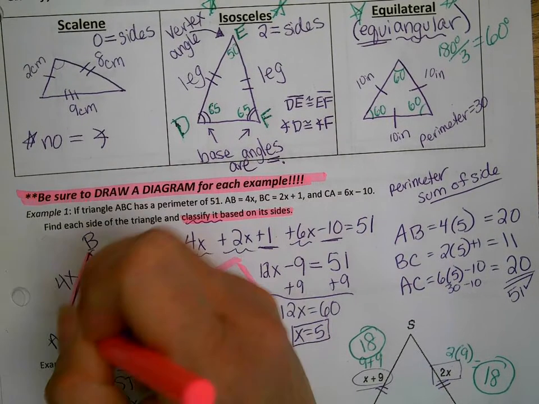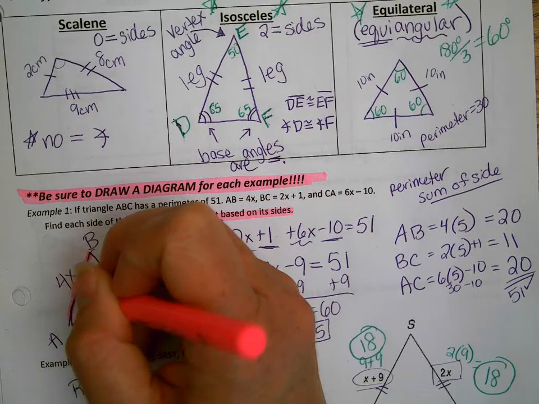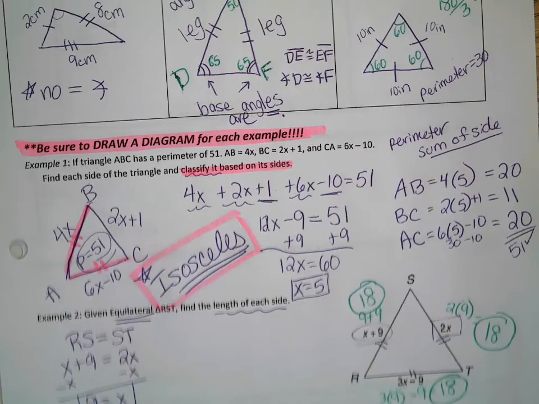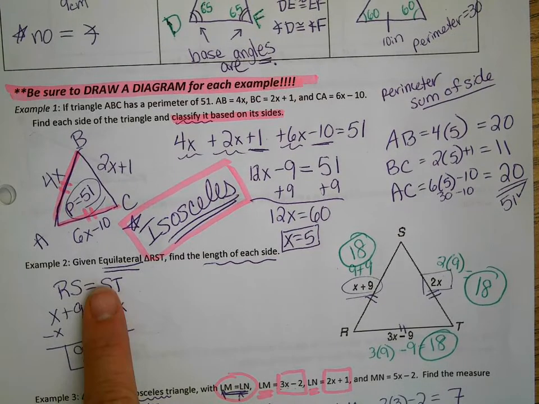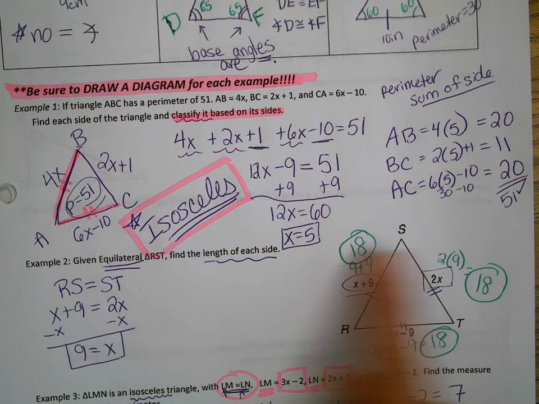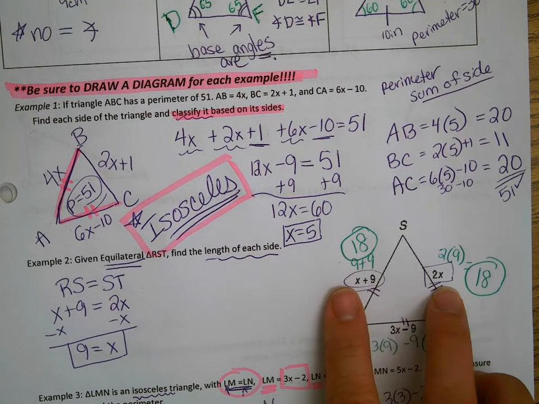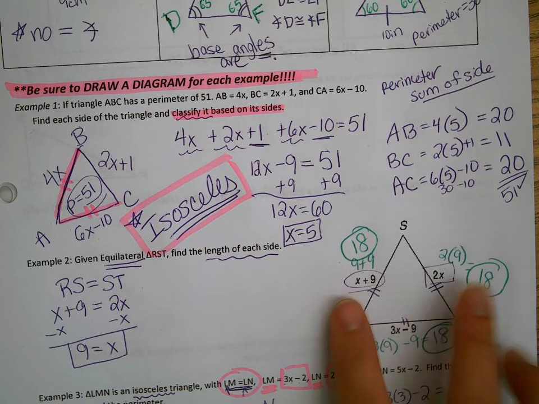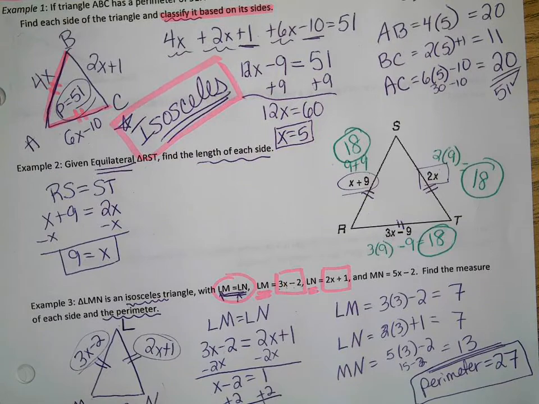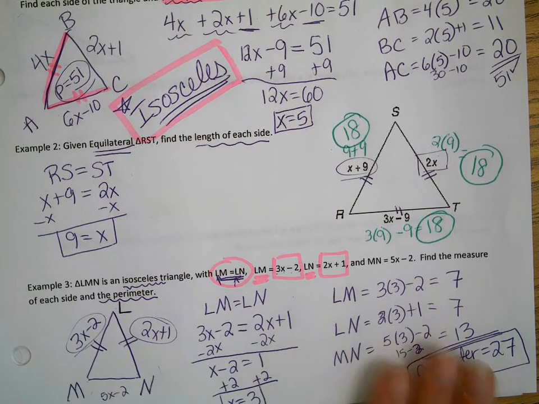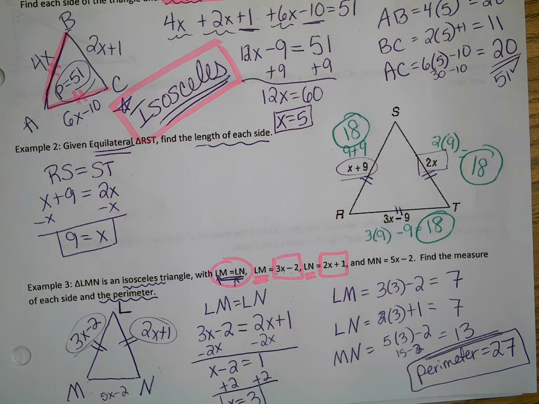So this one and this one ended up being equal. In Example 2, they told us it was equilateral. So we added up all three, or we set 2 sides equal at a time. We can't set more than that equal. In Example 3, they told us it was isosceles, and we found its perimeter. So those are our first 3 questions dealing with the sides of a triangle.